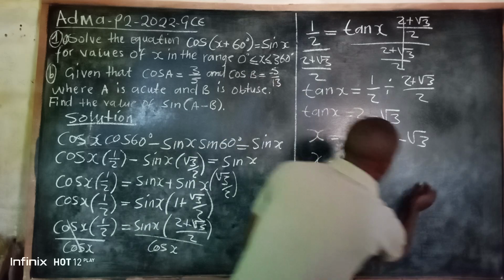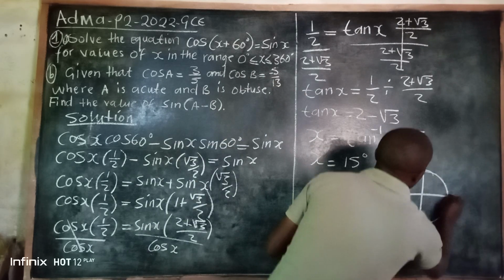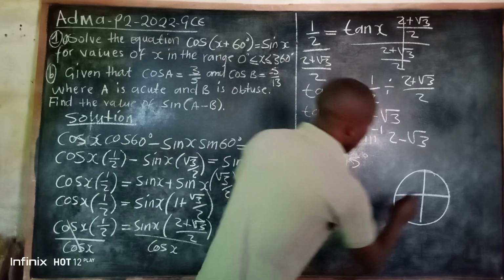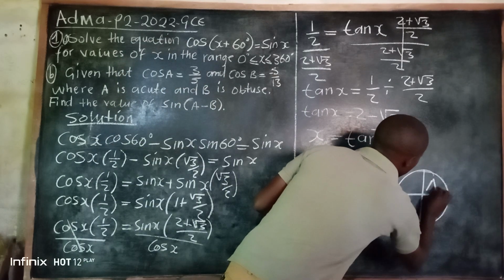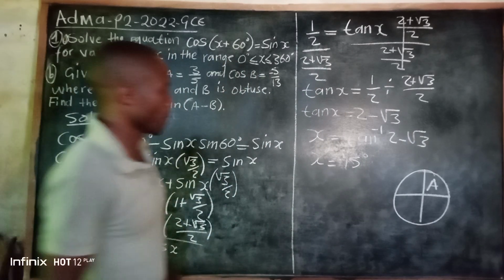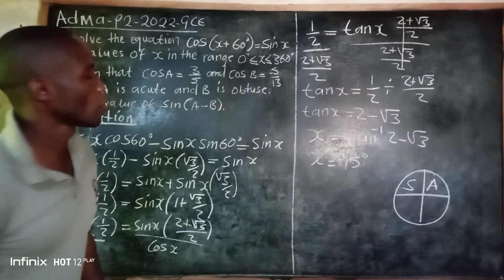So let me just write the unit circle here. It looks like this. Remember, in the first quadrant, we said all angles are positive. Then in the second quadrant, only sin is positive.